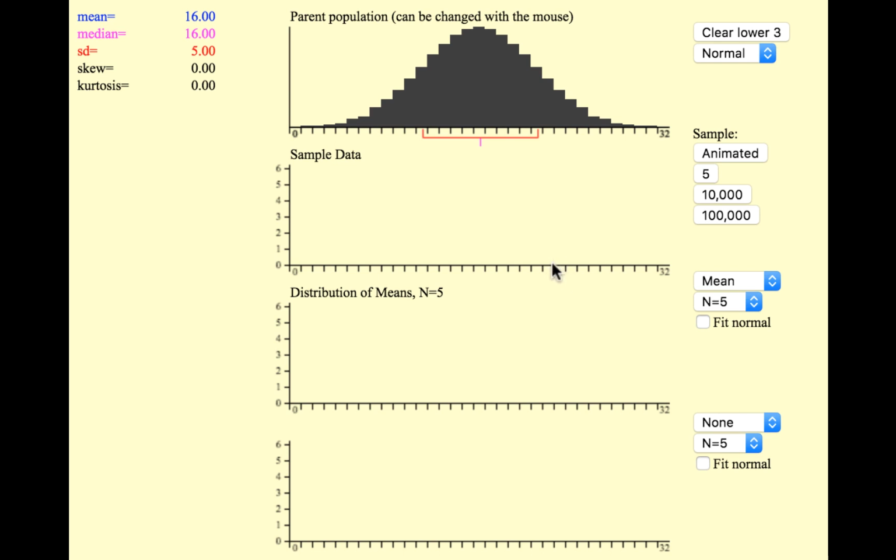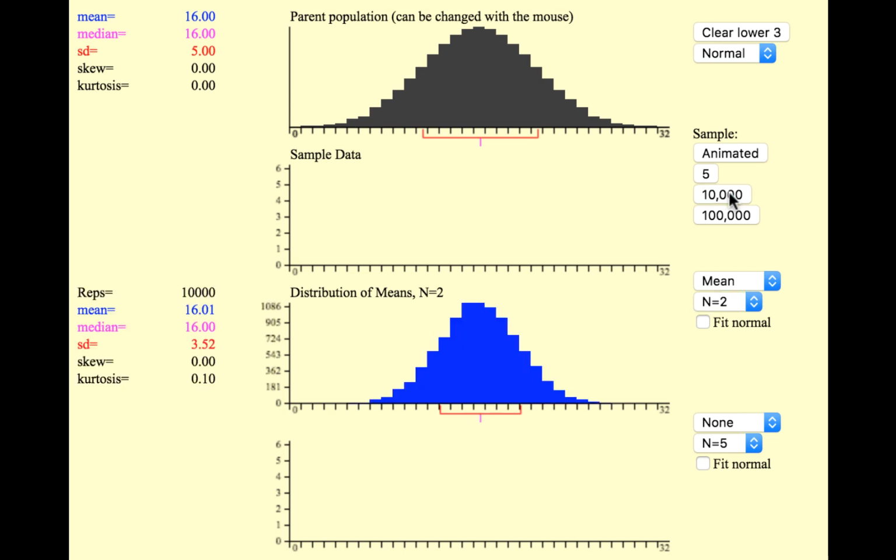So here we have our simulations, and we've set our parent population to be normal with a standard deviation of 5. Now, if I create a sampling distribution of means from n equals 2, will we get the same standard error that we got from calculating it with the central limit theorem? Let's see. So I'm going to directly calculate 10,000 different sample means, and let's look at how variable those means are.